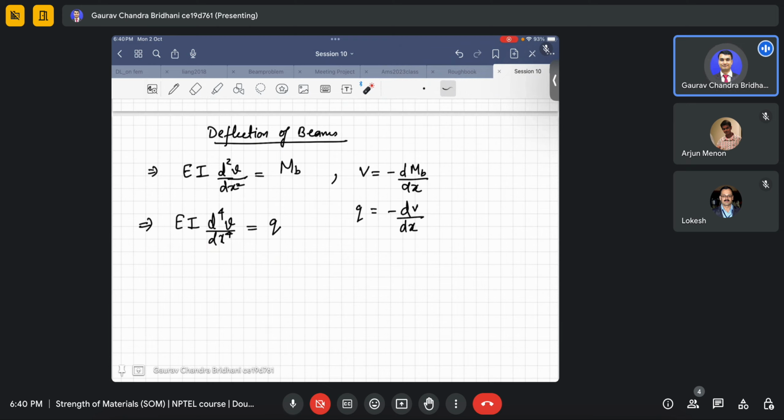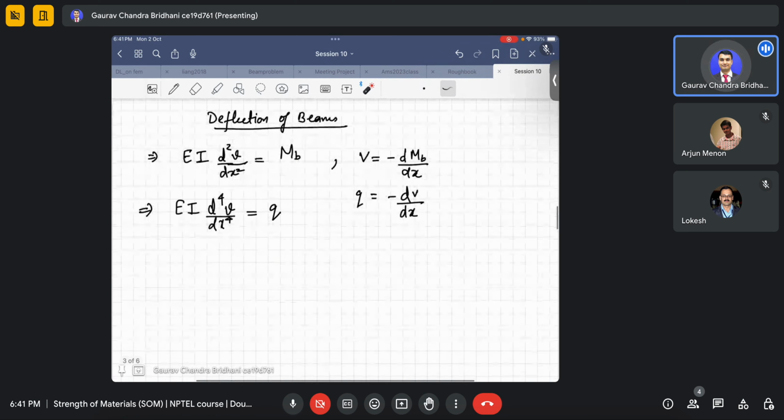Okay, so this concept was dealt with, and then the moment area method was taught. So how can we find the change in angle, change in slope, and using that, two theorems were postulated. In those two theorems you see how to find the change in slope, and from that, further, how to find the bending moment.